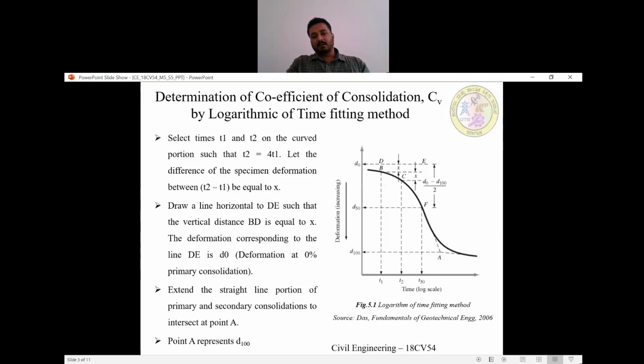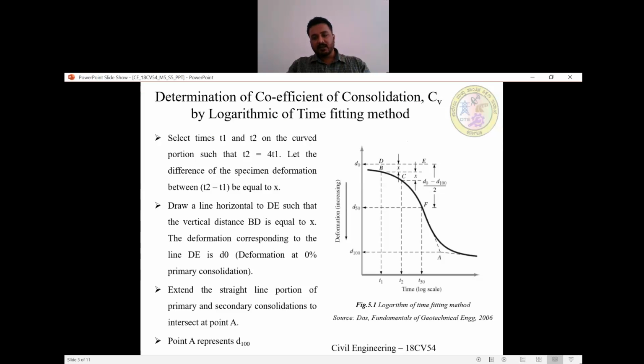If you observe the figure 5.1 shown here, the curve initially is parabolic. Later, the second part of the curve is almost linear.